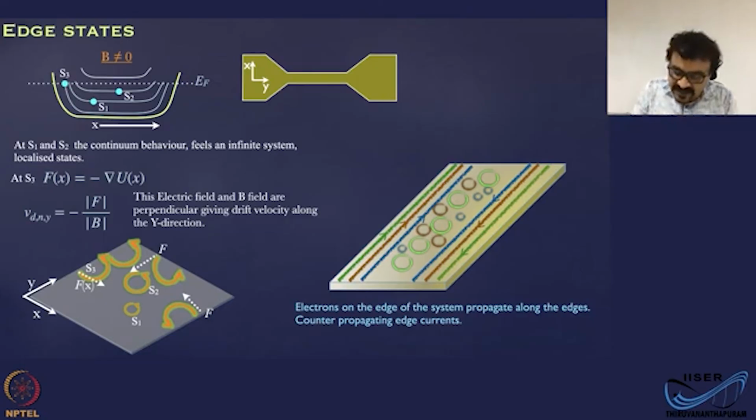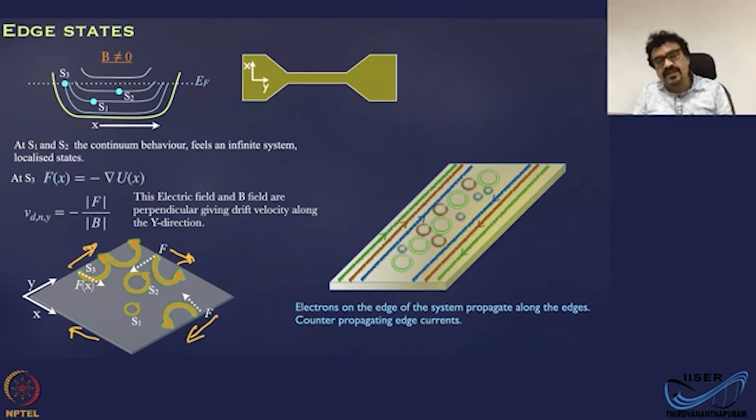For example, in this case, the force is inward, the B is normal, so the velocity of the electron will be in this direction. Here, along this edge, again the B is normal, but the force is inward, so the electron velocity will be here. Similarly, along this edge it will be here. Along this edge, the velocity will be in that direction.